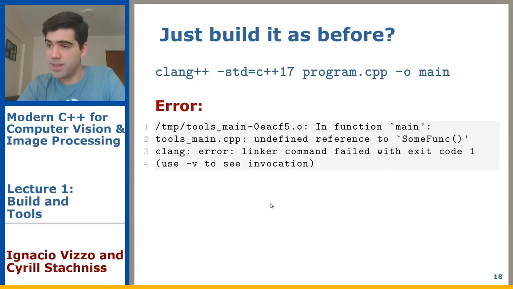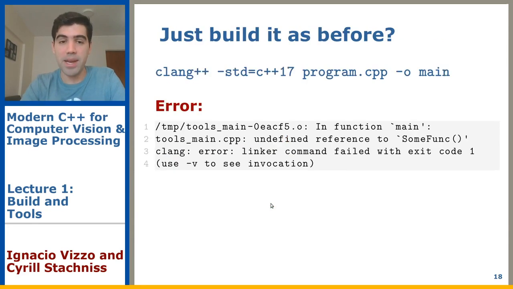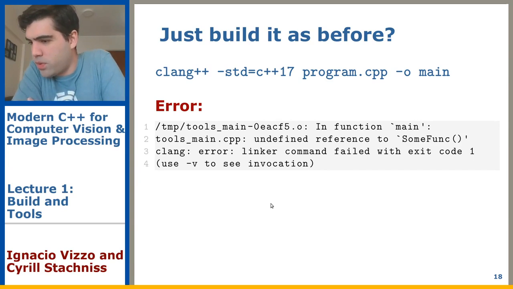If you want to build this, and you should do it at home, just write these 3 files. You can pick the names you want, and then try to compile it, just saying clang++ and then the program. But then you will get an error. It's important to know that this error will happen. What happens if we put the implementation also in an HPP file?